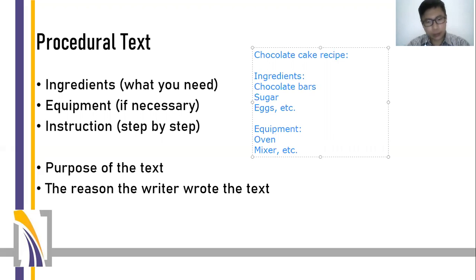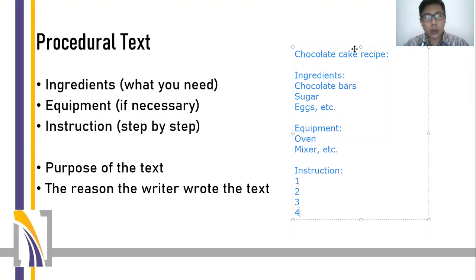etc. And then the instruction, this is how you do it step by step. Usually it will be written with numbers 1, 2, 3, 4, and so on. That is how the procedural text is.